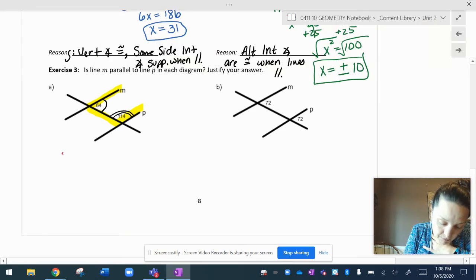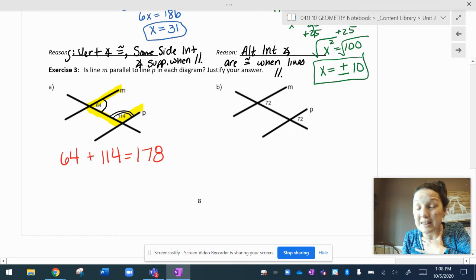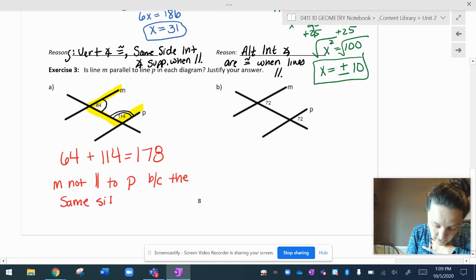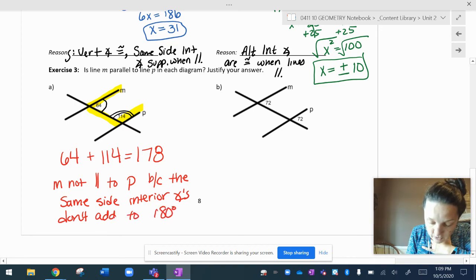Let's see if they're supplementary. 64 plus 114 is going to be 178. That's not 180. So M is not parallel to P because the same side interior angles don't add to 180 degrees.